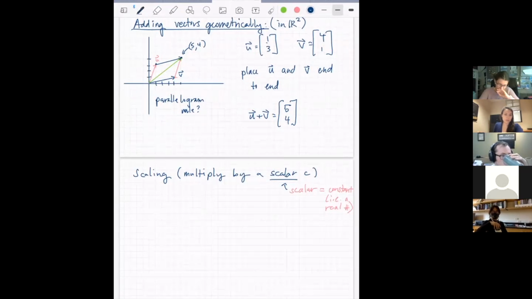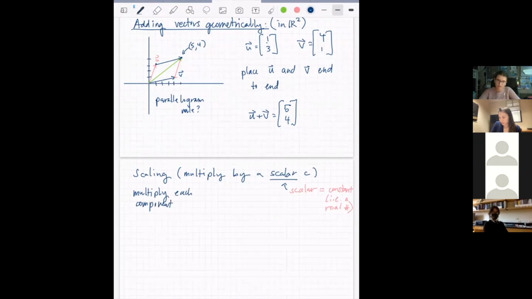And when we multiply by a scalar c, we just multiply each entry or each component by that scalar. So multiply each component by c. So c times u is going to be, maybe I'll move this down a little bit.